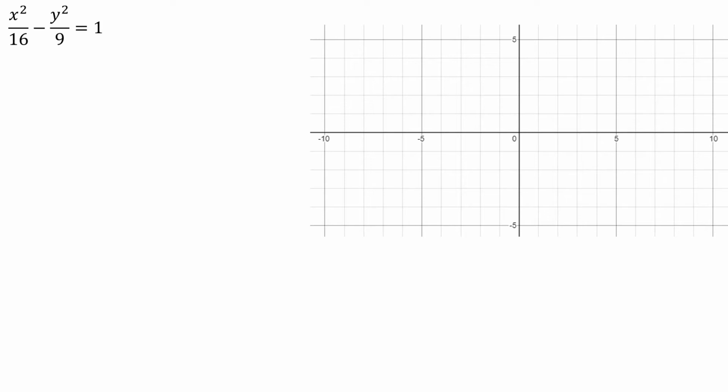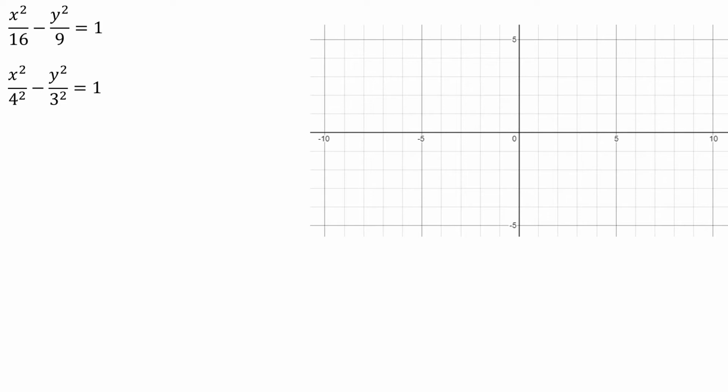So I'm saying, okay, I've got to have x squared over a squared, and then minus y squared over b squared equals 1. So I've got to think of that 16 as actually being 4 squared, and that 9 as being 3 squared. For the vertices, I'm like, aha! It starts out with x squared, so the vertices will be going left and right.